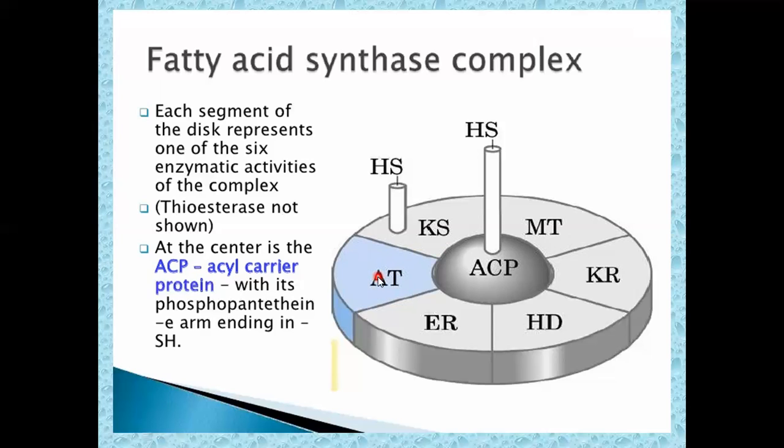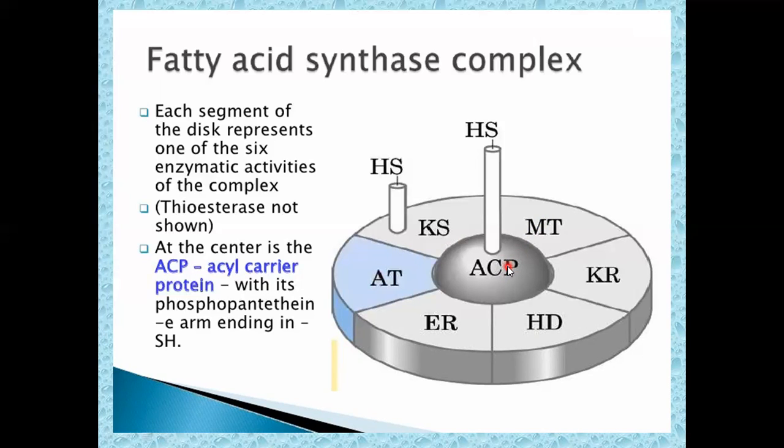Next, after this AT, the next function is of the MT subunit. That is your malonyl coenzyme A ACP transferase, and this helps in the transfer of the malonyl group from coenzyme A to the acyl carrier protein, that is ACP.